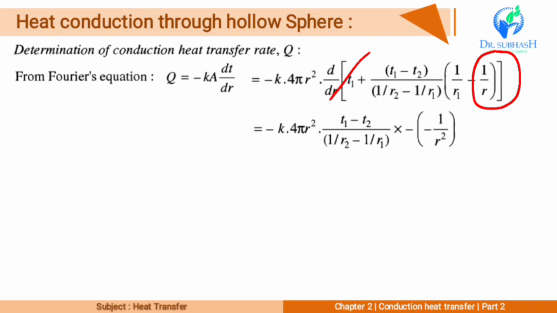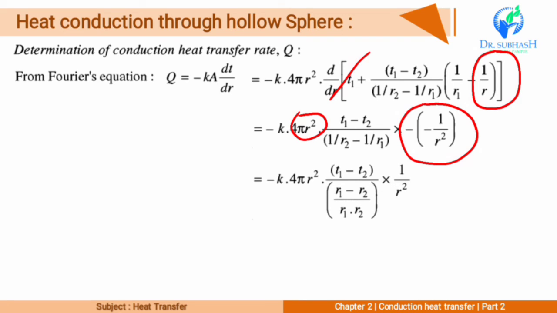So the equation reduces to minus K into 4 pi r square, that is the area of sphere, into (T1 minus T2) upon (1 upon R2 minus 1 upon R1) into minus inside the bracket minus 1 upon R square. Minus minus is plus, and the equation is minus K into 4 pi r square into (T1 minus T2) divided by (R1 minus R2) divided by R1 into R2, multiplied by 1 upon R square.